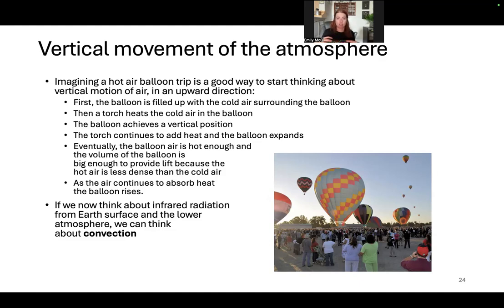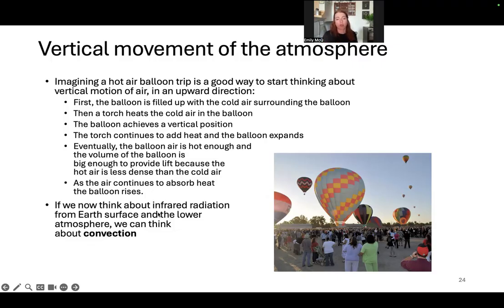The torch continues to add warm air into the balloon, and it's enough expansion and enough warm air to actually bring the hot air balloon up. This is convection. Remember that hot air rises. So this hot air is now filling this balloon, and this balloon can rise because of the heat. As the air continues to absorb heat within this balloon, it will rise.